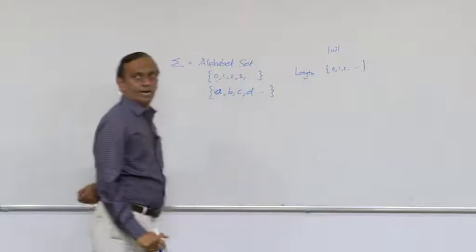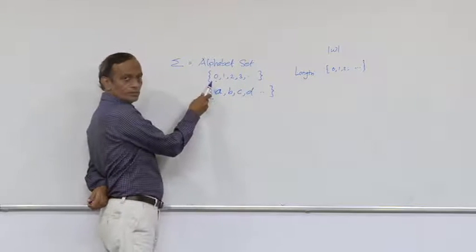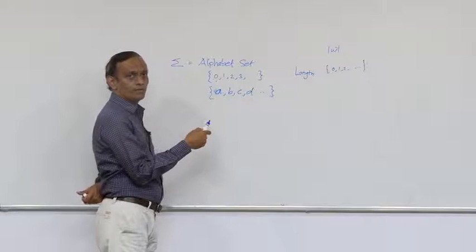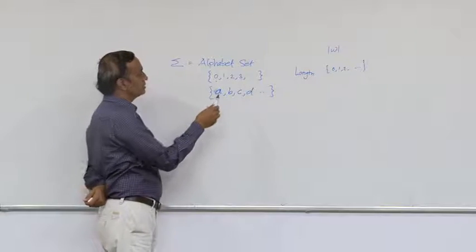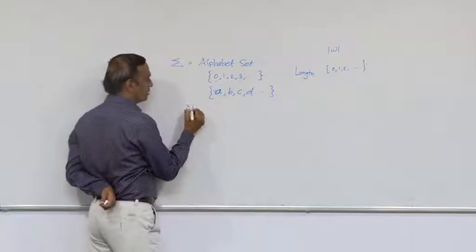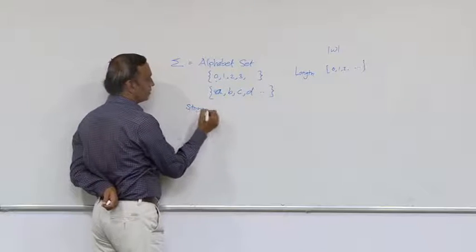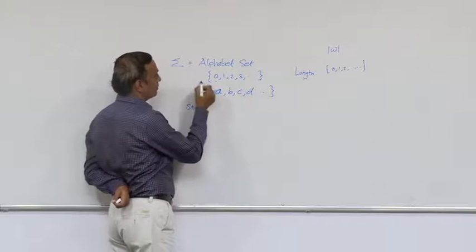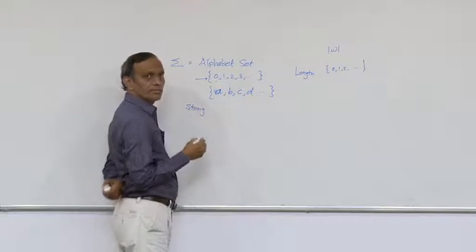If I am considering this as an input set, and I am trying to talk about generating different strings with this, let me define another term called string. This string will be a combination of either of these.